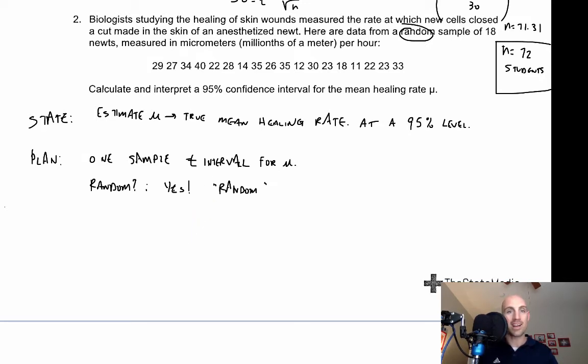You may have noticed that was not the eraser. Okay, so yes, it's random. We need to check our 10% condition so that we can use our standard deviation formula. So 10% condition, we are going to assume that 18 is less than 10% of all these newts.